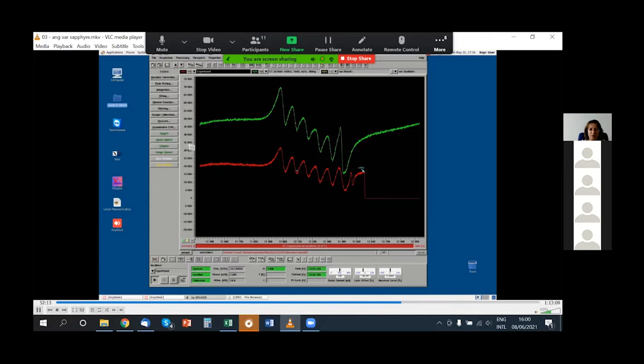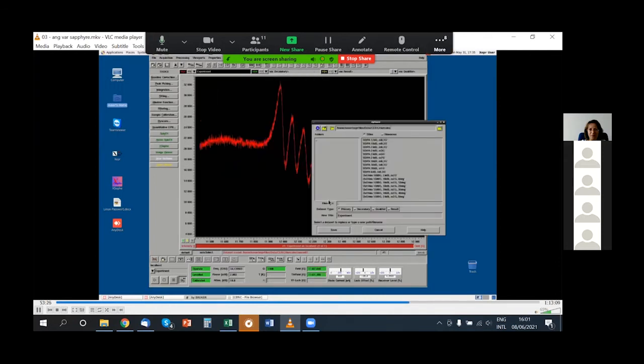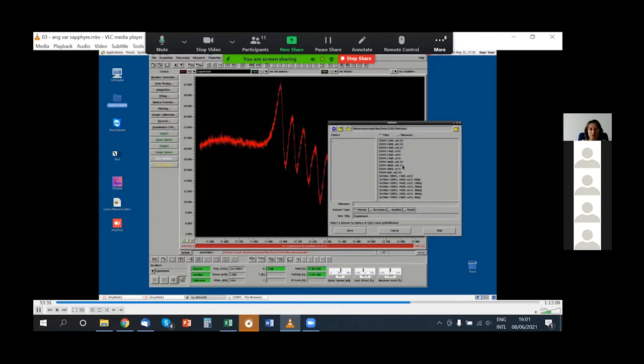And we are happy now to see the line from the substrate out of this important region, which represents the signal from the thin film. You see, the signal to noise ratio is lower.